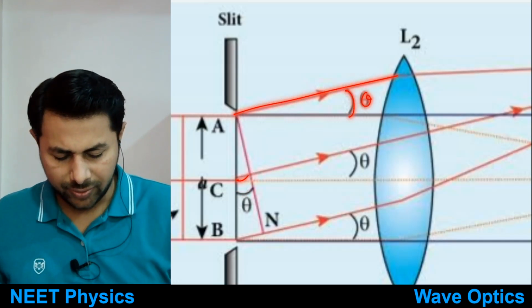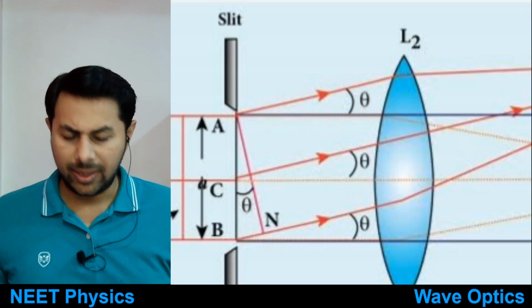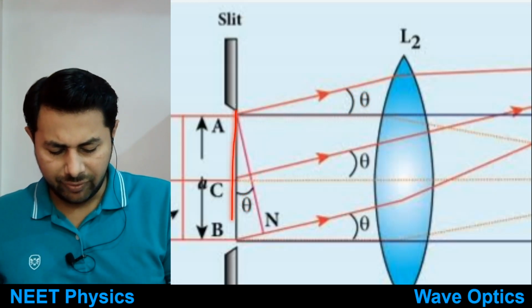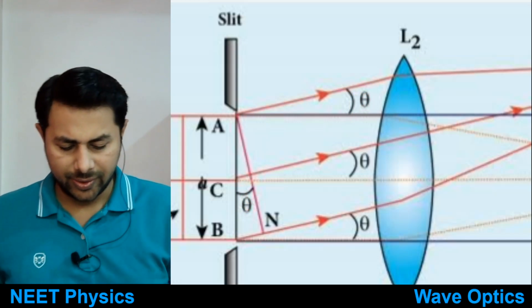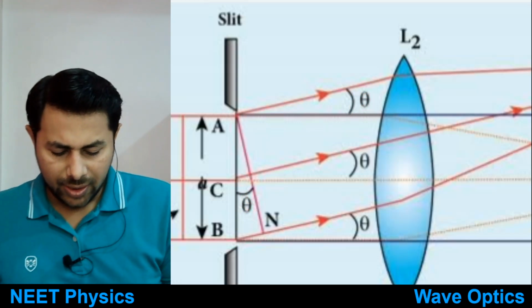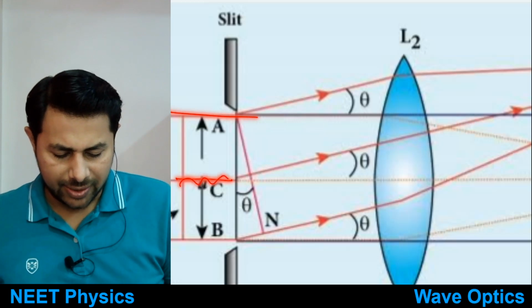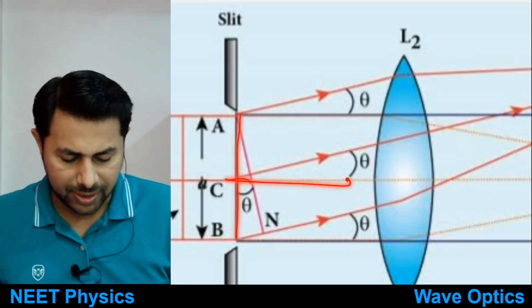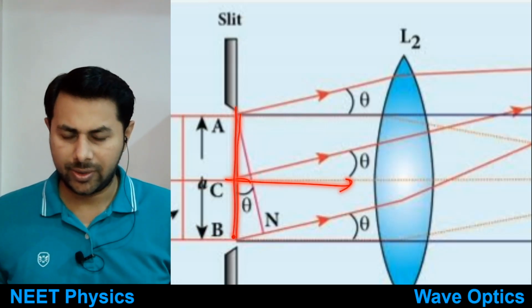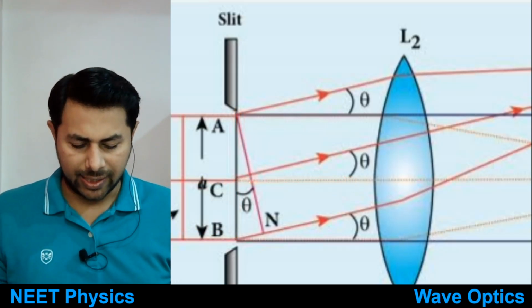This angle would also be equal to theta. Why? Because this is a wave front, and waves travel perpendicular to the wave front. If the light waves were traveling in this direction, the wave front was like this. This is the direction of propagation, and this is the wave front, so the angle between them is 90 degrees.